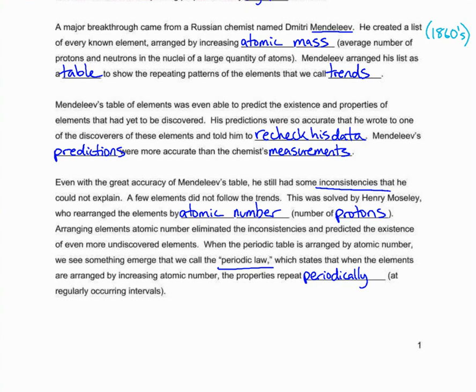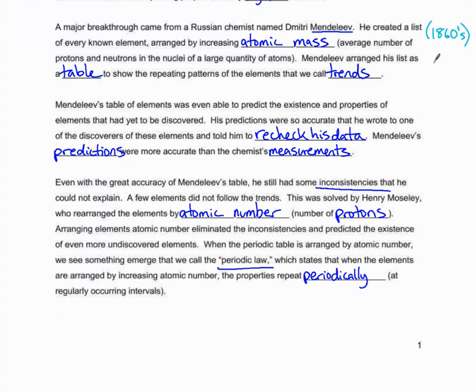Interestingly enough, protons, nobody knew they existed. Neutrons, didn't know they existed. Electrons, we didn't know they existed. So he is doing all of this without any knowledge that protons and neutrons even exist.